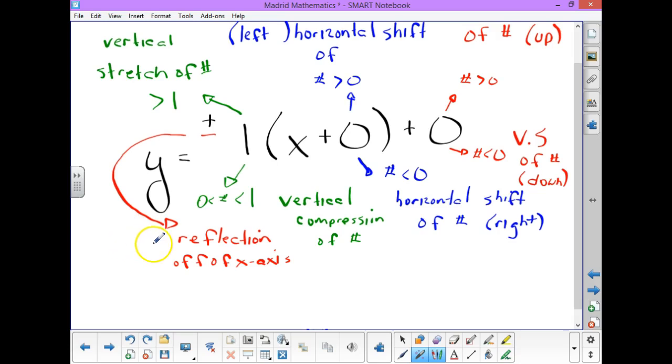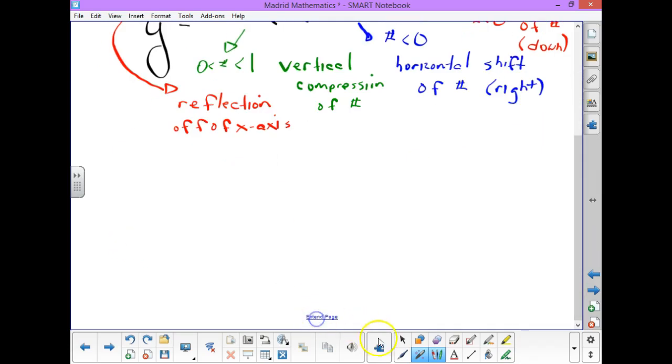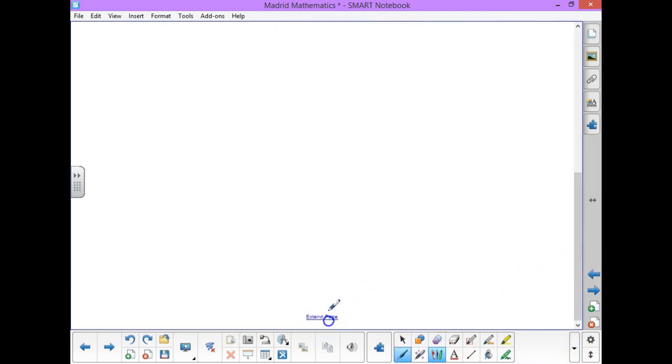So let me pick out some functions here. Let's look at y equals x. You guys are very familiar with this. Of course, I need that form.